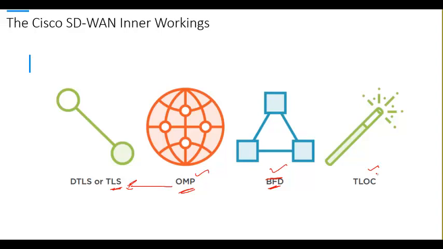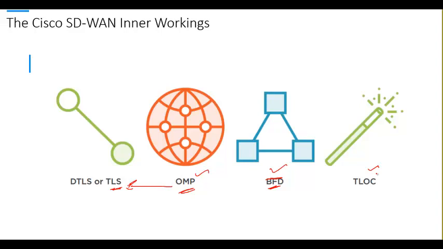But to reach the destinations, you may have multiple transports. These transports are what are called TLOCs, transport locations. TLOC, transport locator, transport locator.